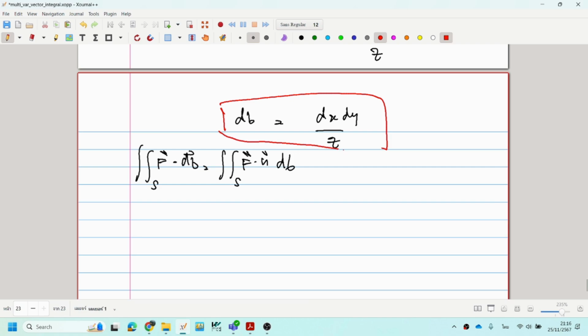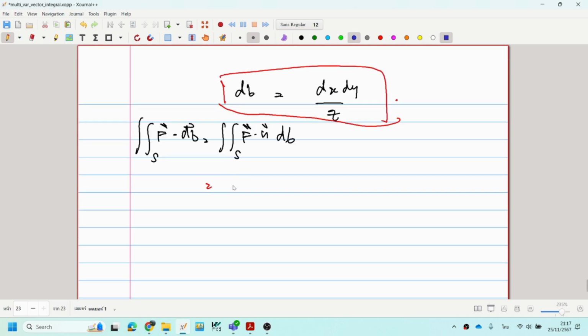This is the formula for d sigma area. I will use the right side of the formula for solving the surface integral.